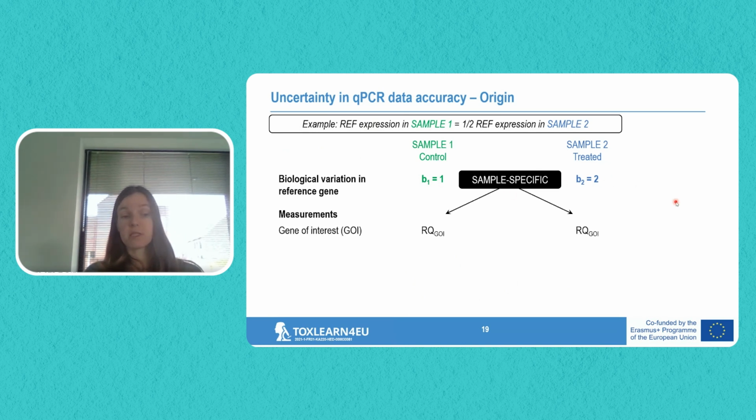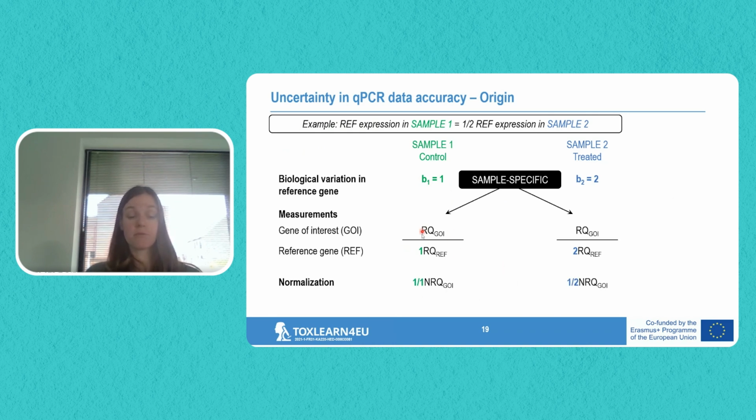You then measure the expression of the gene of interest, determine the relative quantities. You do the same thing for the reference gene. And then when you normalize, what will happen is that to calculate the normalized relative quantities, or NRQ, there won't be any effect of normalizing in sample 1, because here you will just divide by 1, which will of course not have an effect.